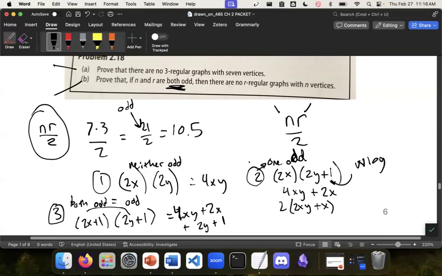So that's where we get the contradiction, because then this fraction isn't an integer. And the fraction as a whole needs to be an integer because that's how we represent the number of edges in a regular graph.